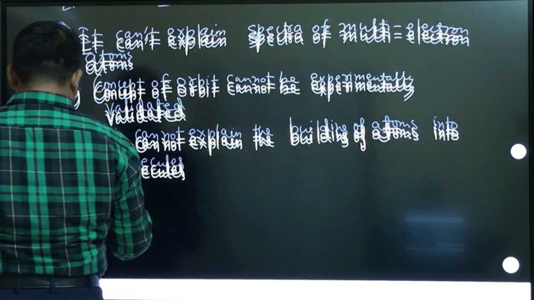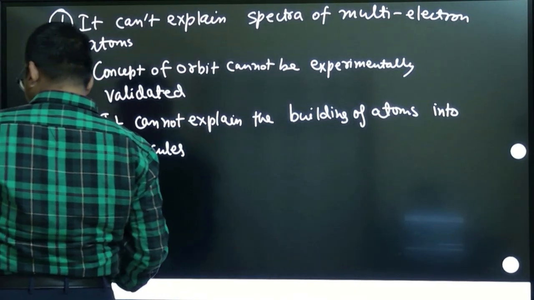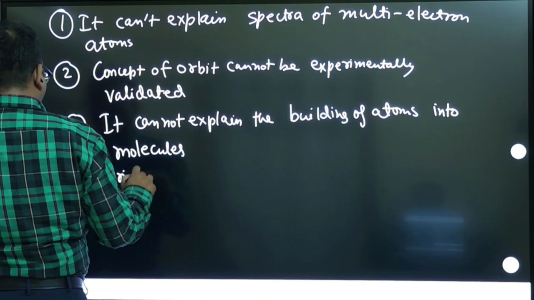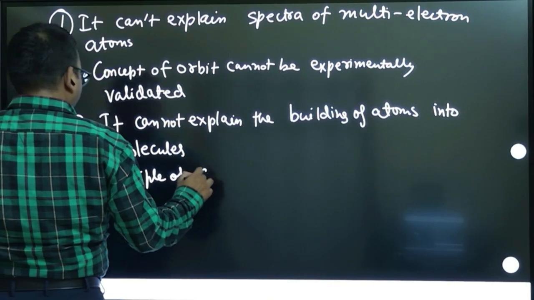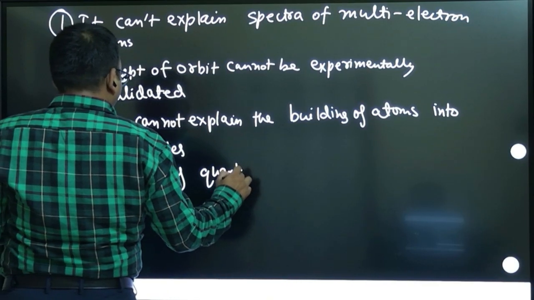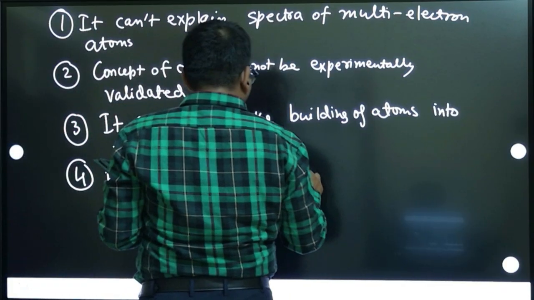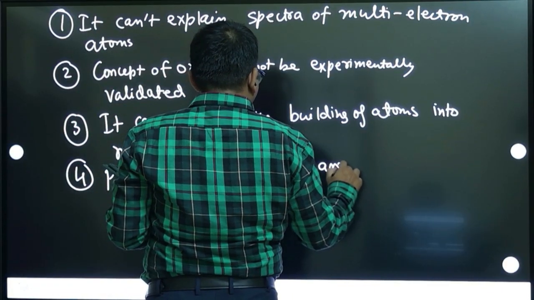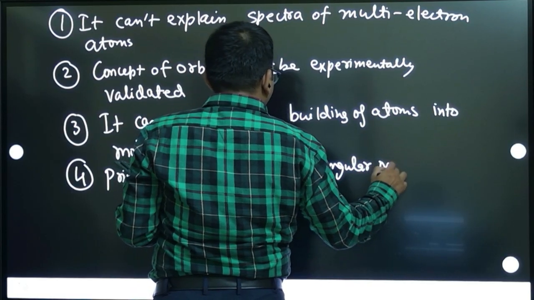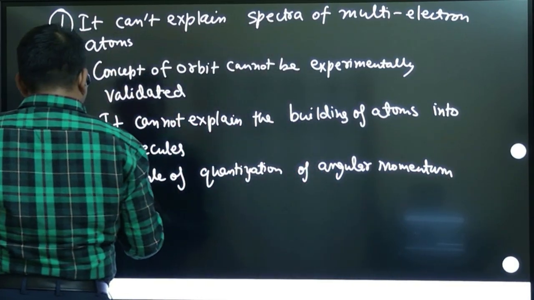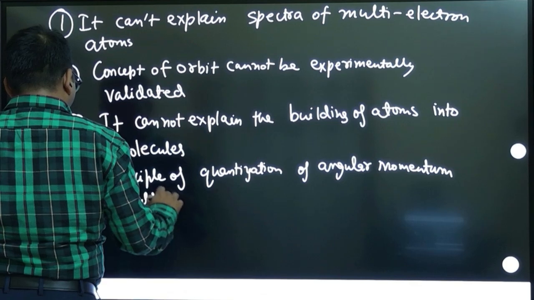Then the principle of quantization of angular momentum, which is the second postulate, could not be justified.